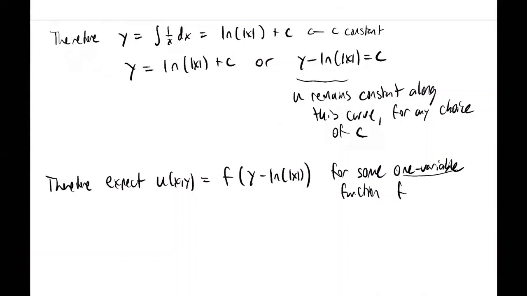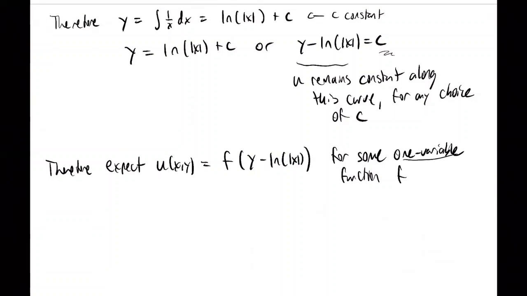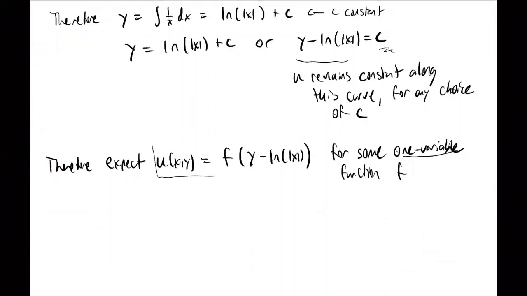If I change the value of y minus natural log of x, which corresponds to changing the value of c up here, I may get different curves, and therefore different values of u. But if I restrict myself to one such curve, the value of u doesn't change. So I should only have one fixed value, which is what this is saying in a more precise manner. And so this is our candidate for a solution.